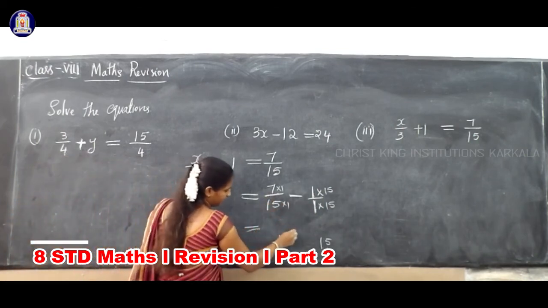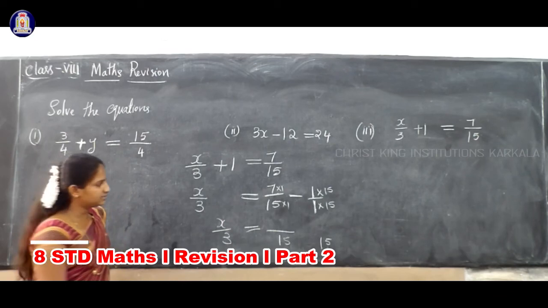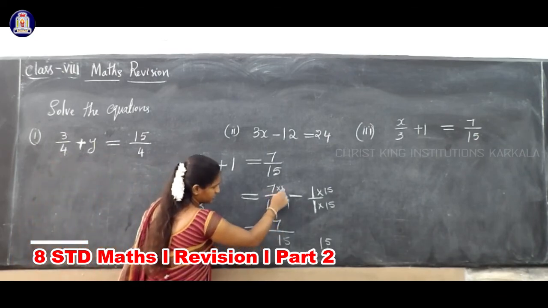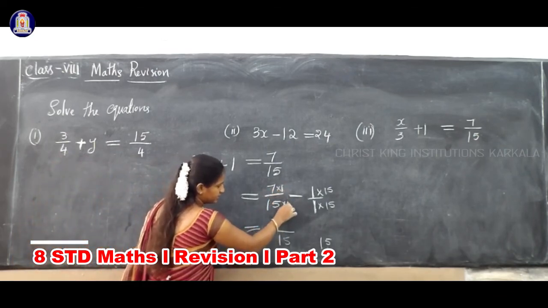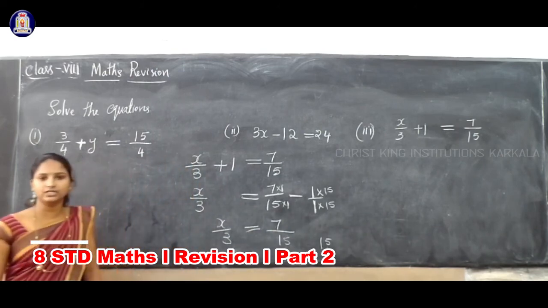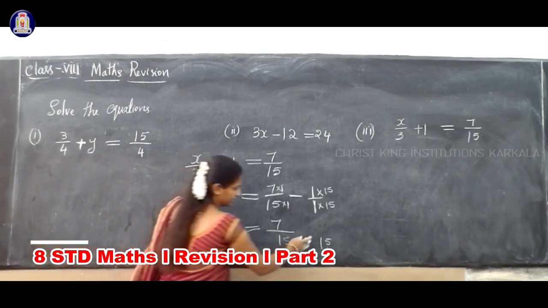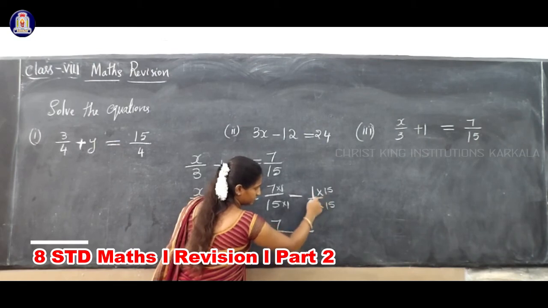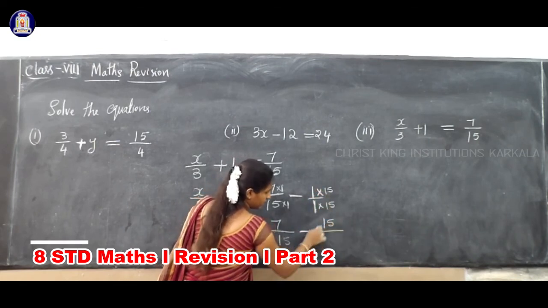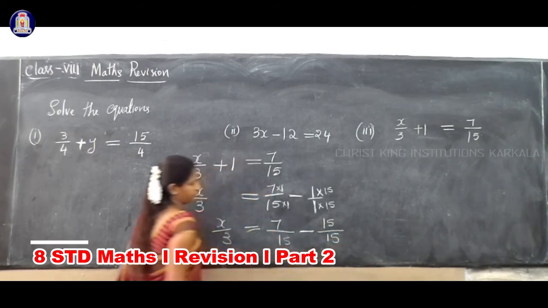So after multiplying we get 7 ones are 7. Is it correct? Yes, 7 ones are 7, and in the denominator we get 15 into 1, 15, and minus, right? Minus. Similarly multiply the next term, that is 1 into 15, 15, and 1 into 15, 15.